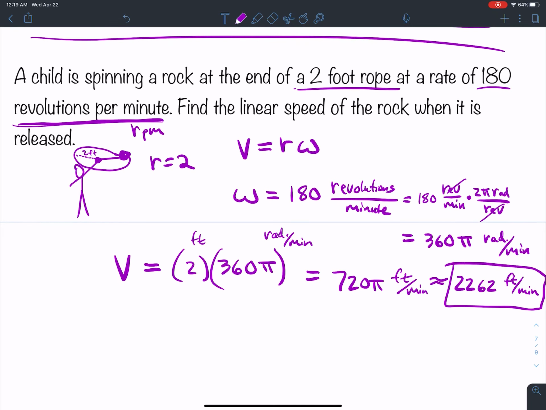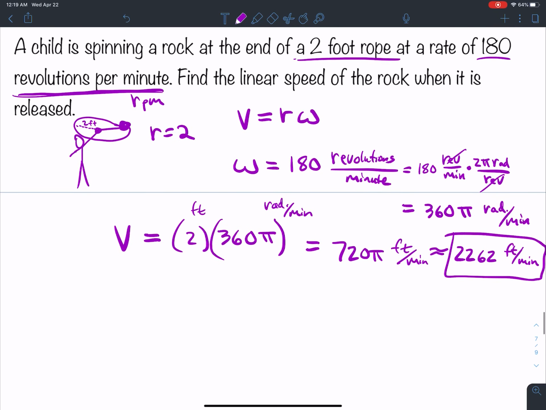Now, I kind of paused a little because feet per minute, I don't even know what that is. I'm more of a miles per hour kind of guy. So if you wanted, you could convert this to miles per hour depending on what the problem asks you to do. And just to make sure we're good with unit conversions, right now this is feet per minute. I want it to end up being miles per hour. Well, there are 5,280 feet in 1 mile, I think, right?